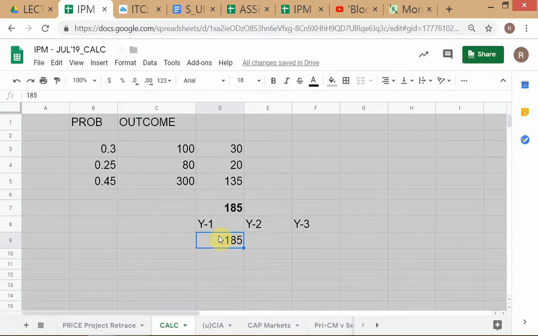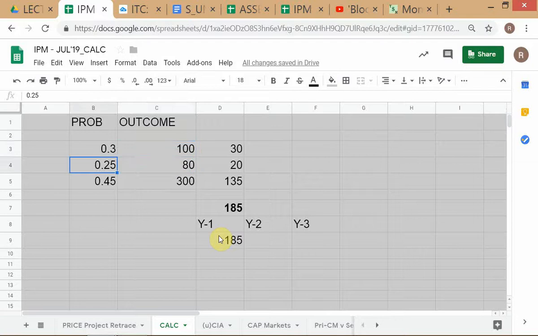So instead of writing 185, now changing from rainfall to cash flows, a more rigorous way of looking at it is to say that in the first year we have a 30% chance of earning 100 million.